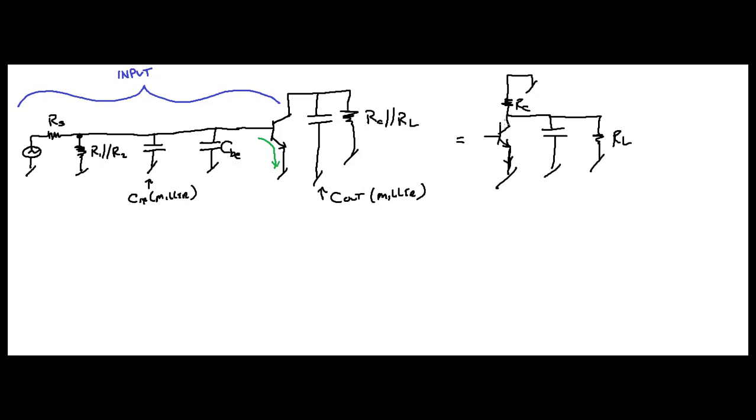This looks somewhat similar to your input lower critical frequency, but remember, what you can do here is, since these two are together, this area can be replaced by a constant current source. So this is very similar to a current source coming down to ground.